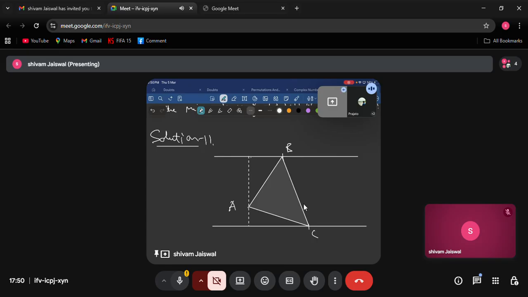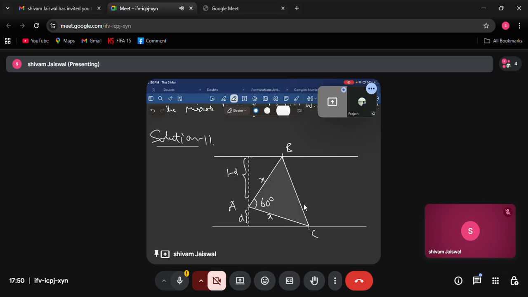If this distance is d, and this is 1 minus d, this is 60 degree. Let us call this side x. This is also x. Let me see, why is it 90 degree?